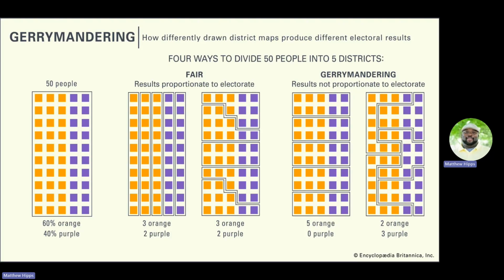But depending on how you draw the lines, you can either create 5 orange districts and shut purple out altogether, or pack all of those orange voters into 2 districts and then give purple 3 districts and orange 2. Depending on how you draw the lines, you can either give the majority party a bunch of power, or you can dilute the majority's power to the point that they become the minority.